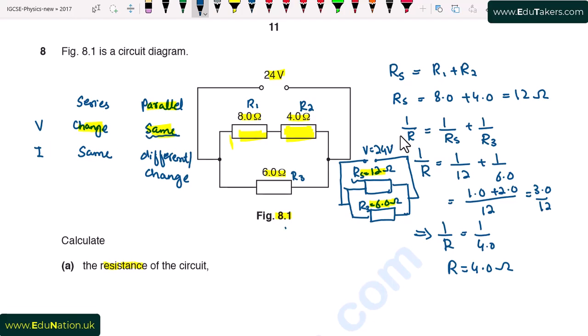So I simply write here VRs is equal to 24 volt and VR3 is equal to 24 volt.